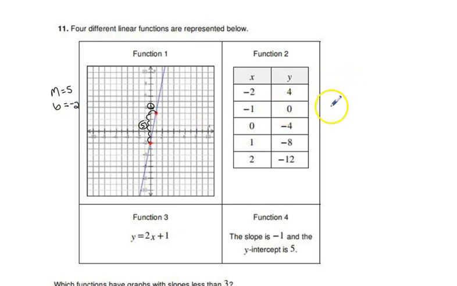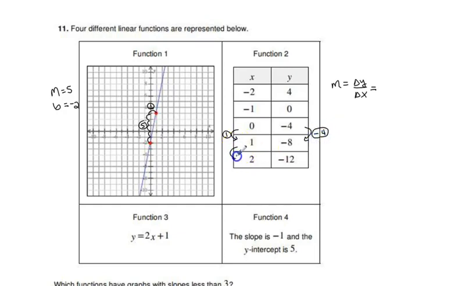Function number 2, my slope, well, let's find out. Change in y over change in x. So I need change in y over change in x. Now, I could pick 2 points and actually do the whole formula. Or I could say, when x goes up by 1, my y values go down by 4.